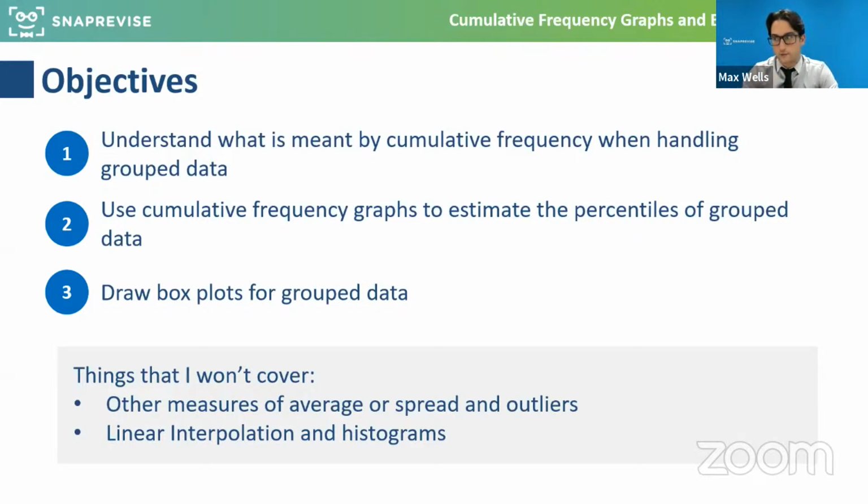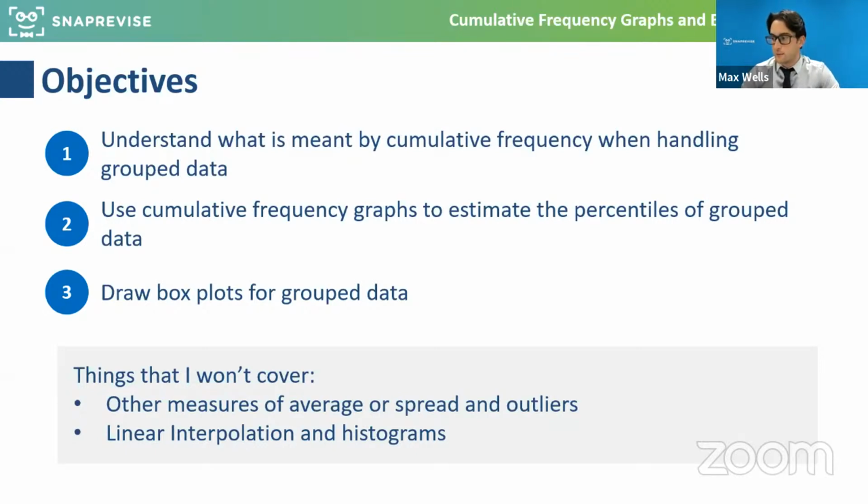So we're going to look at the specifics of the course. This topic today is a really nice one to break down and look at with you. We're going to be looking at cumulative frequency when handling grouped data. We're going to use cumulative frequency graphs, looking at percentiles in grouped data, and then drawing box plots from this, and also look at exam style questions and how it would come up in the exam, what sort of marks it will be worth.